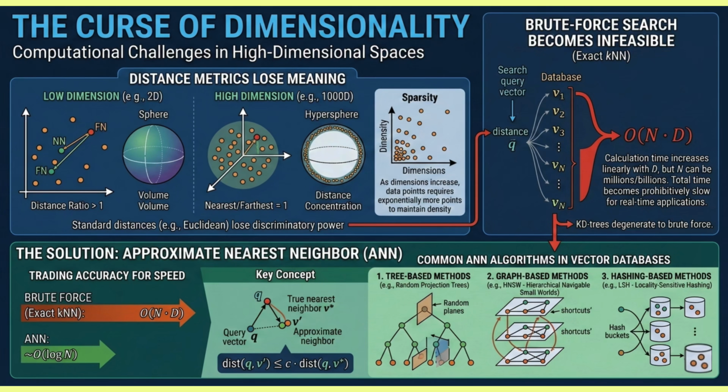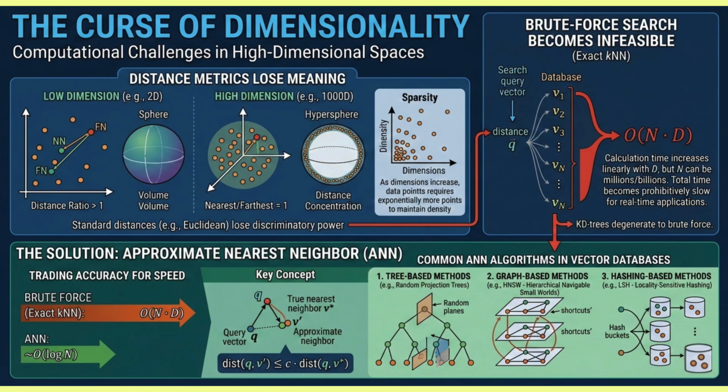Then we have hashing-based methods. This technique hashes vectors into buckets such that vectors that are close in the high-dimensional space are mapped to the same or nearby buckets with a high probability. Search is then restricted only to vectors within those specific buckets, drastically reducing the number of distance calculations needed.